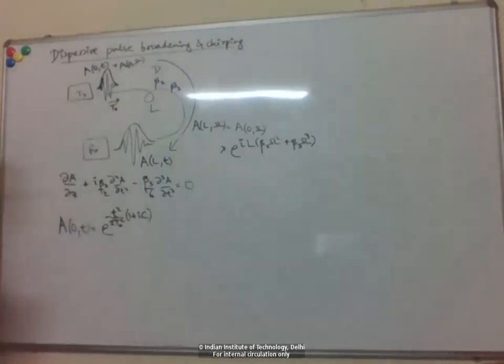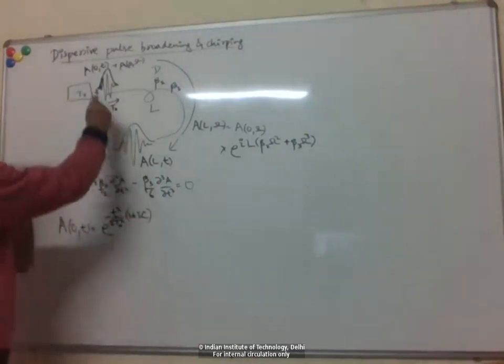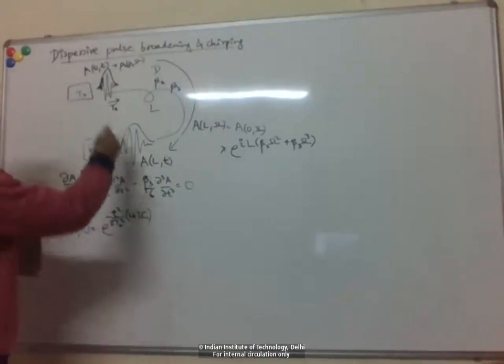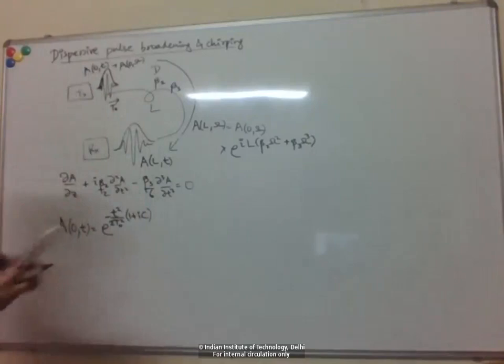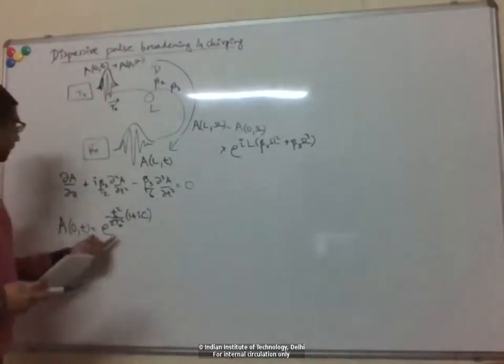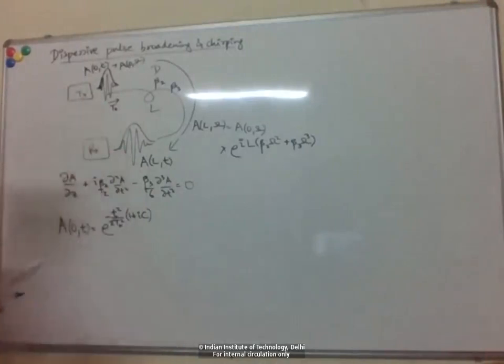And C is this chirp parameter, right? Which we discussed last time. So if C is positive, frequency is increasing with time in the pulse. If C is negative, frequency is decreasing with time. If C is zero, it's a transform limited pulse with a constant carrier frequency. Right. So let's say we have this sort of general pulse at the input.